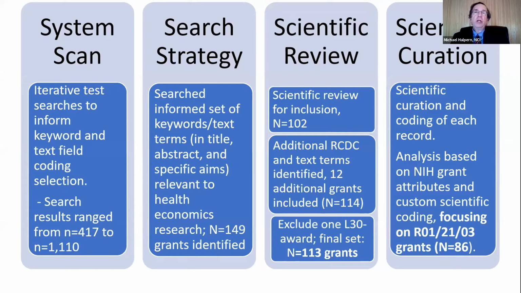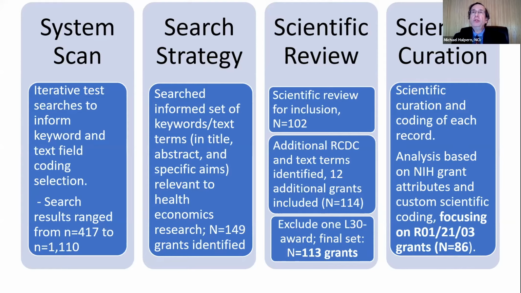In reviewing the 149 grants, we also identified additional search text phrases and additional RCDC terms, conducted additional searches, and identified 12 additional grants, for a total of 114 grants that included economic outcomes. One of these grants was an L30 award, a loan repayment award, which we didn't feel was truly appropriate for this portfolio analysis, so we excluded that and ended up with a total of 113 grants.